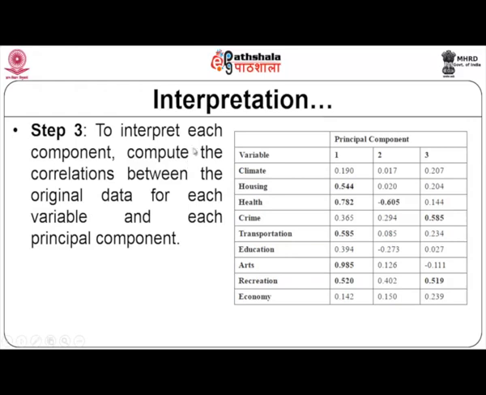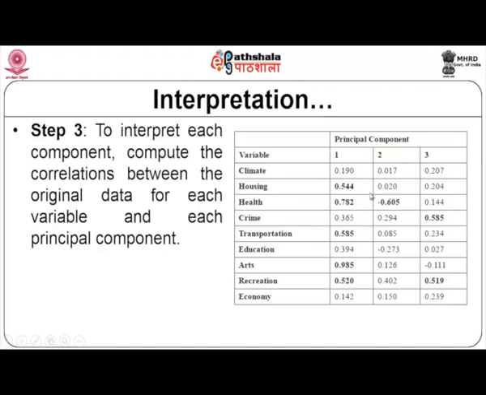Next, to interpret each of the components, you need to compute the correlation between the original data and the variable based on the principal components. Now, when you take a look at the 3 principal components, here in this example, the first 3 principal components were taken and they were used for understanding how these variables may affect the original data.